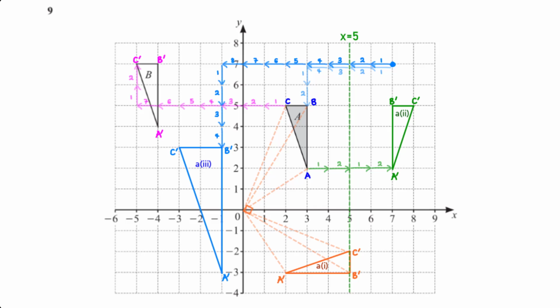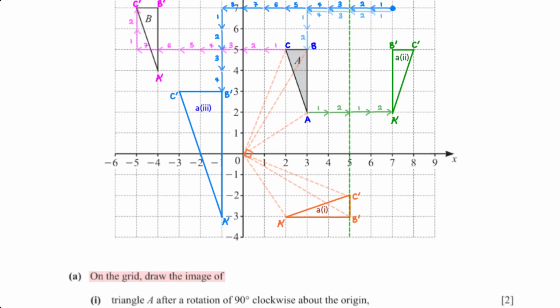So for point A on the triangle, since we move 2 units to the right to touch the line of reflection, we also need to move 2 units to the right from the line of reflection to pin the new position of point A. We need to repeat the same process for points B and C on the triangle as well. When we are done, we are able to map out the reflected image of triangle A.